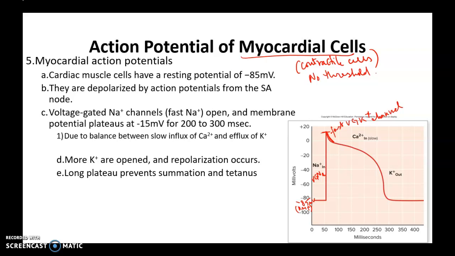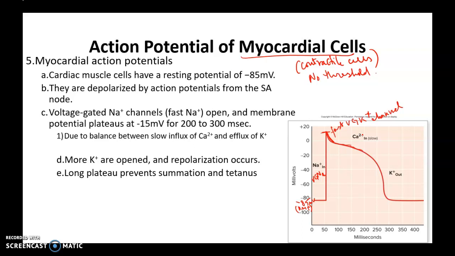-15. And at this point, there are voltage-gated calcium channels that open up. These are slow calcium channels. As the calcium channels open up, calcium rushes in, and then potassium is leaving, so that balances out.